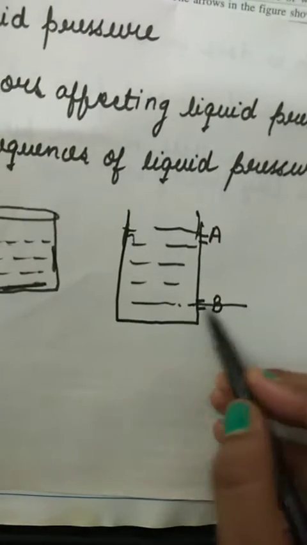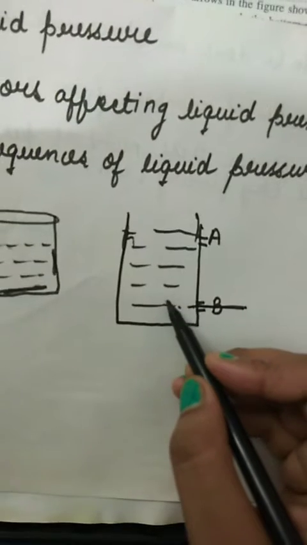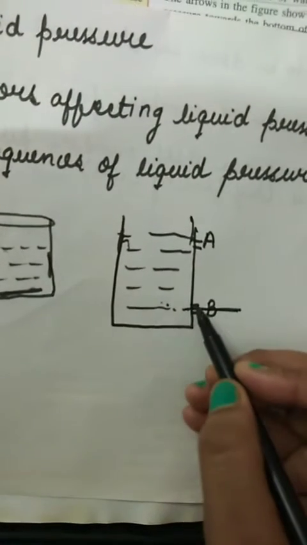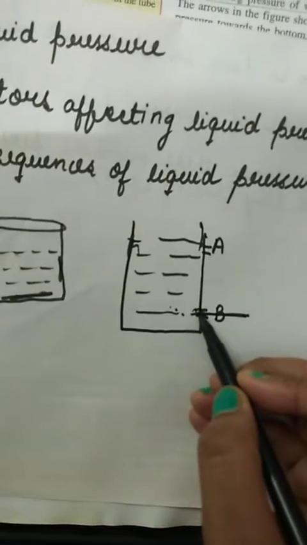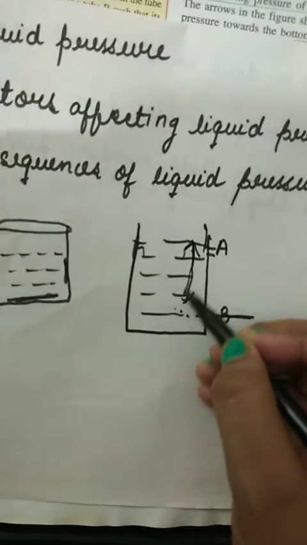You will see that water will move with more force and pressure from this hole, because the level of water from this hole is very much. Here you can see the water level for this hole is too much, and for this hole the level of water is less.